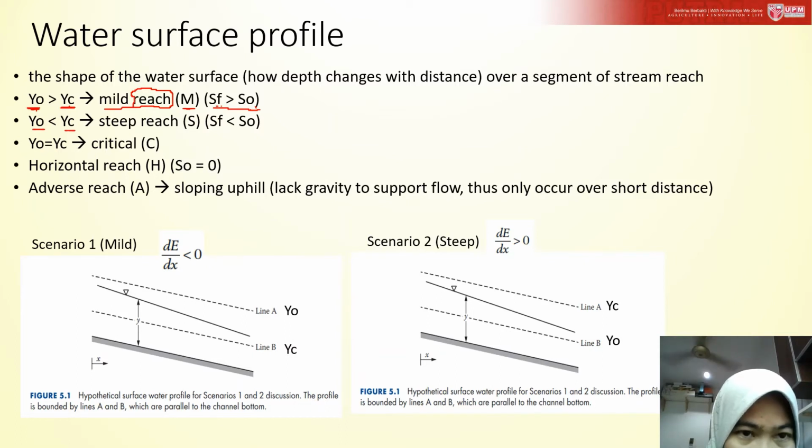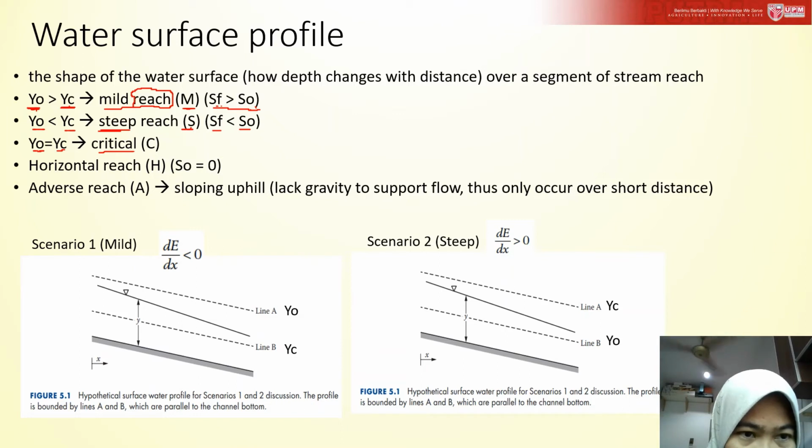This is what we call steep reach. The symbol is S. And for steep reach, the friction slope is less than the bottom slope. But when normal depth is equal to critical depth, then we call this critical.